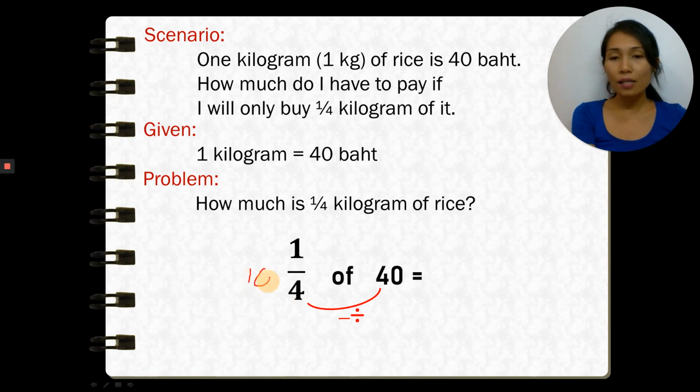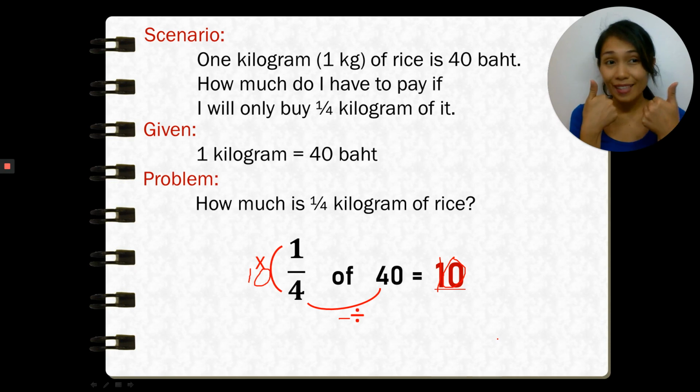Now 10 times 1 equals 10. So the answer is 10. Easy. That's the steps. Divide and then multiply.